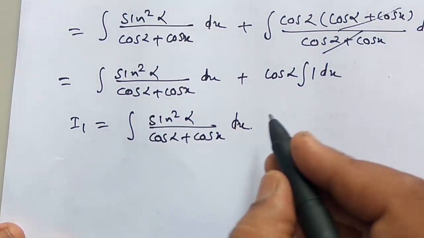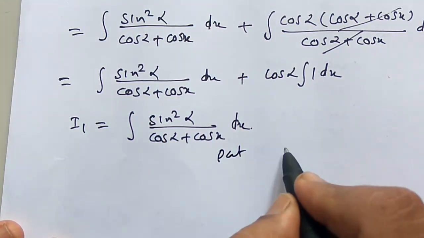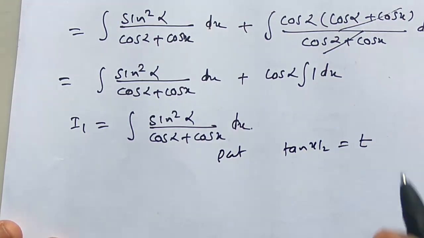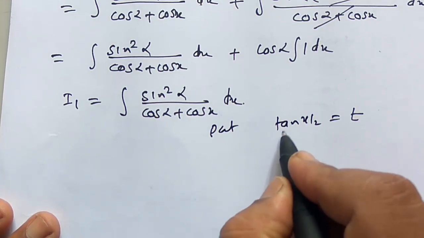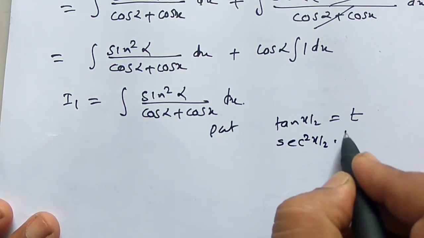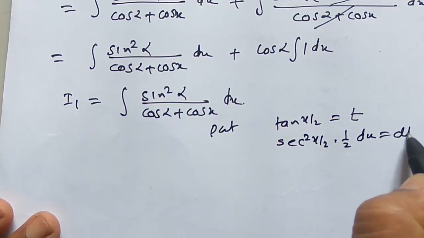So therefore put tan x by 2 is equal to t. Differentiating with respect to t, we get the derivative of tan is sec square x by 2 into 1 half, by chain rule, dx is equal to dt.